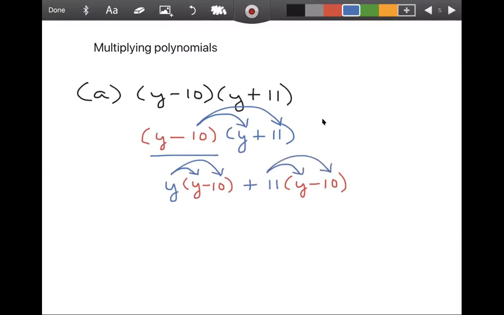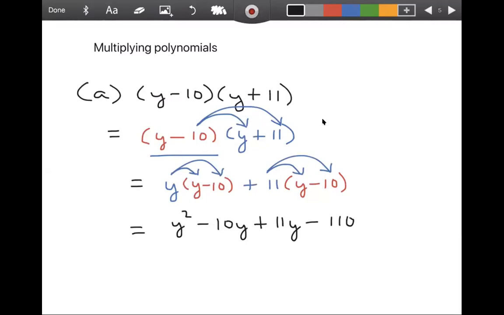All right, so that is going to give me, I should be writing equal signs here. That's going to give me y squared minus 10y plus 11y minus 11 times 10, which is 110. So what often happens in this kind of problem is that you do get some like terms.